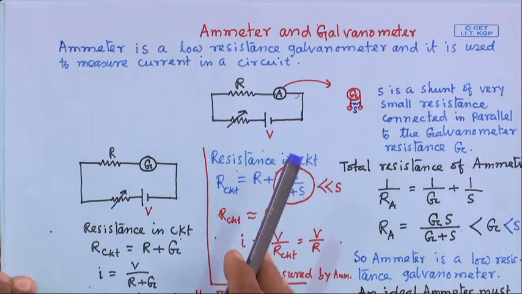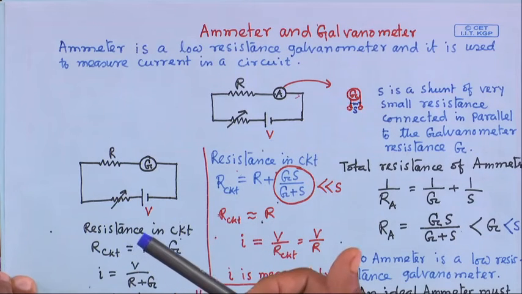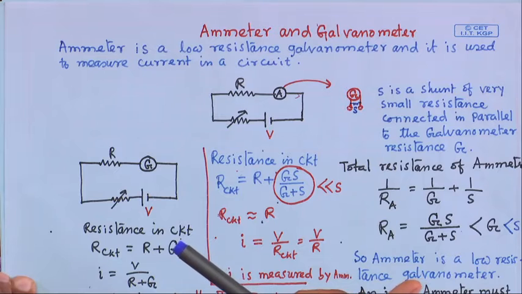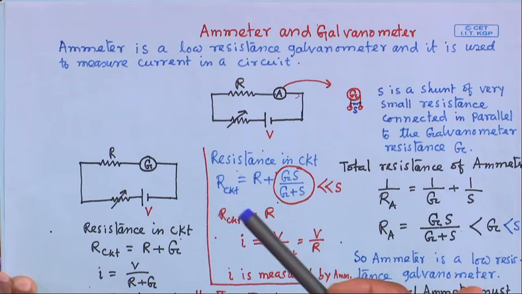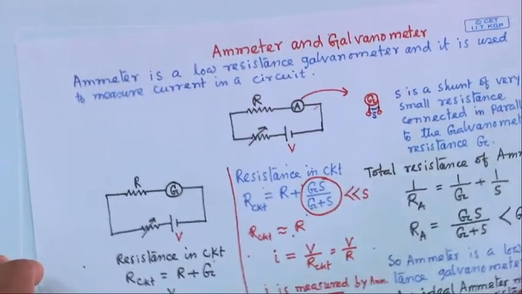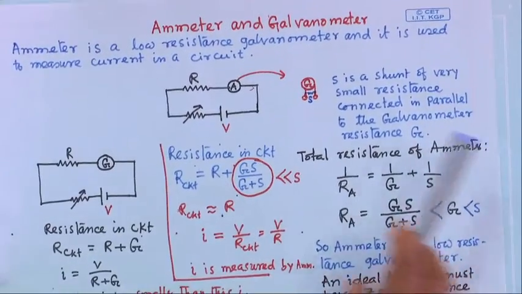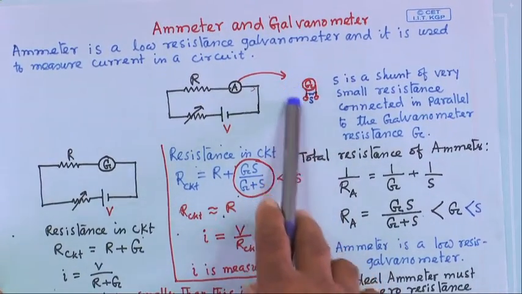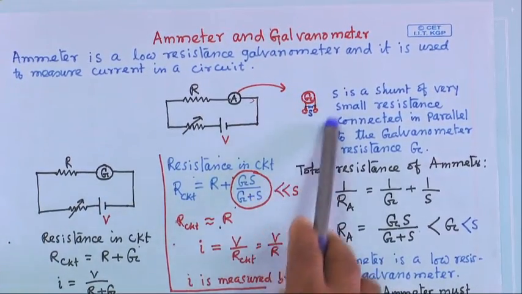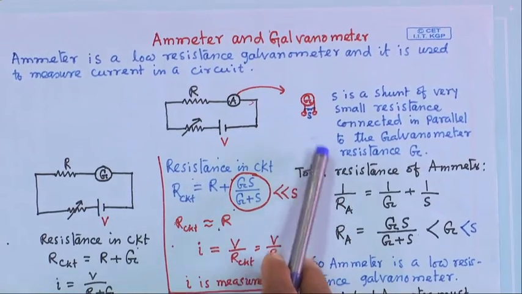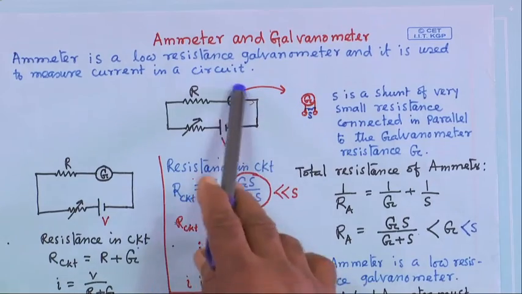And how are we making the resistance of the galvanometer lower to use it as an ammeter? That is the question. I think I need to zoom in, so this part to show you, this symbol is the ammeter.